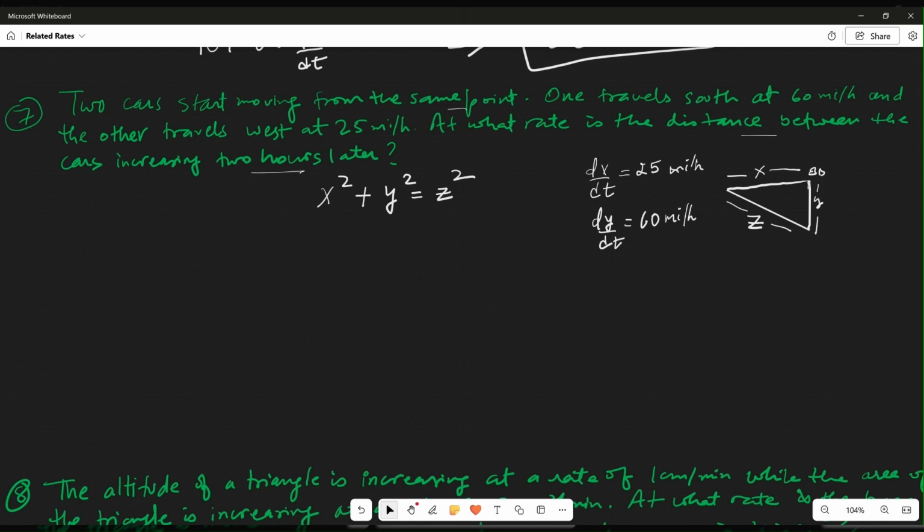Okay, since this is an equation, for implicit differentiation, take the derivative on both sides of the equation. Okay, let me write this nicely.